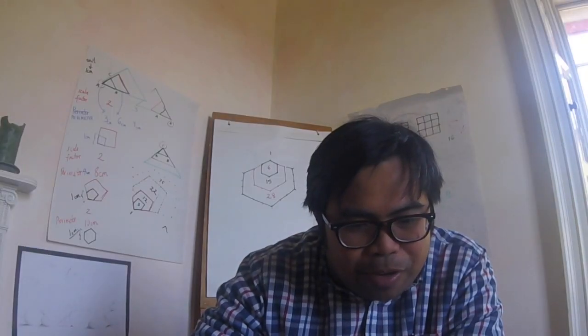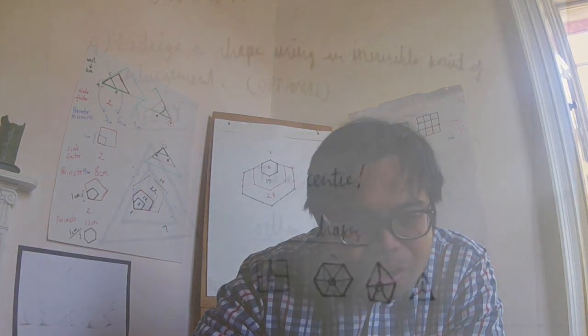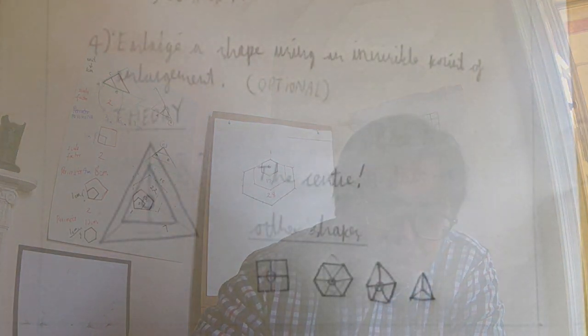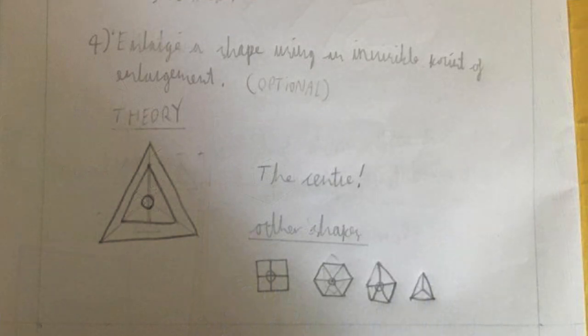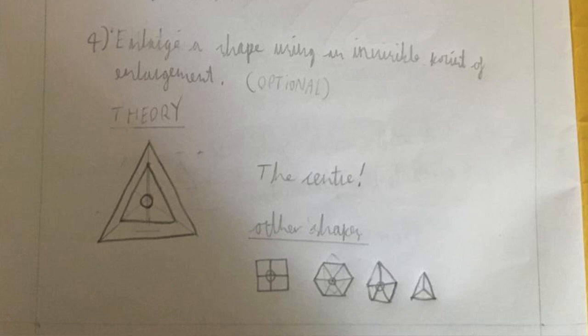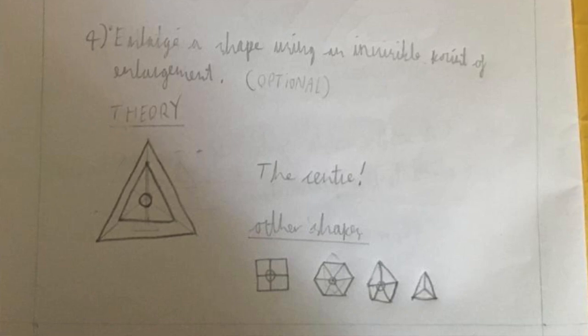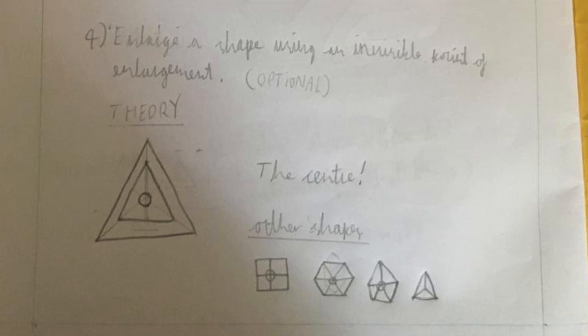And in here it's very interesting. Enlarge a shape using an invisible point of enlargement. This is true. You could enlarge it from the center. That's a good answer as well. But you can also enlarge this using a point outside the triangle. So the point could be in here, or in here, or in here.